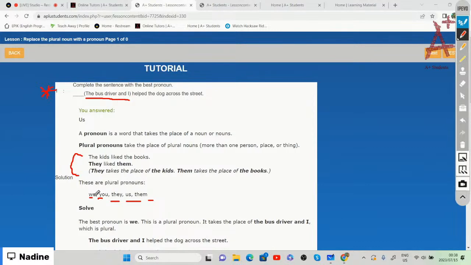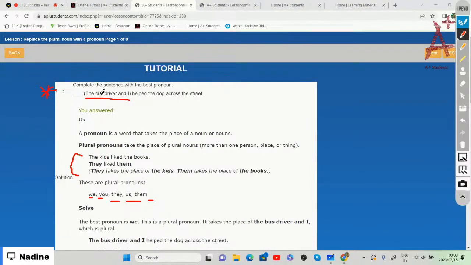So we need to choose between we, you, they, us, or them, right? Which refers to the bus driver and I. So we need to select the best pronoun to take the place of the bus driver and I.